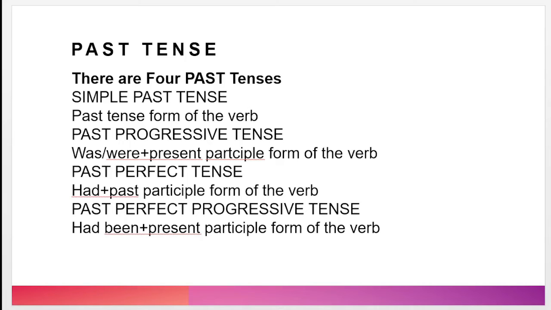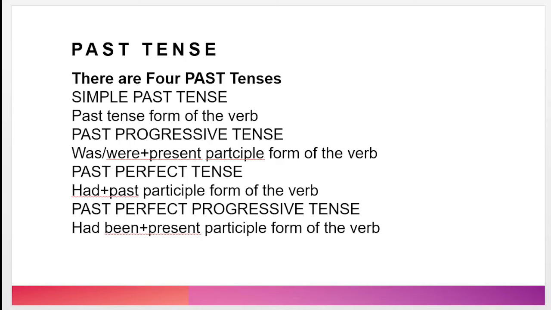The past progressive tense uses was or were depending on the subject, whether it is singular or plural, and the present participle form of the verb, the ing form. In the past perfect tense, you use had plus the past participle form of the verb.